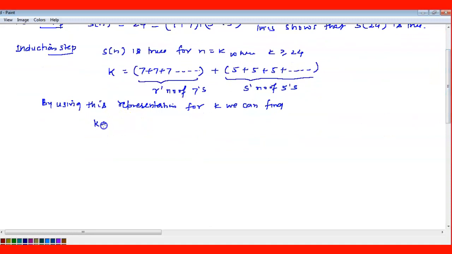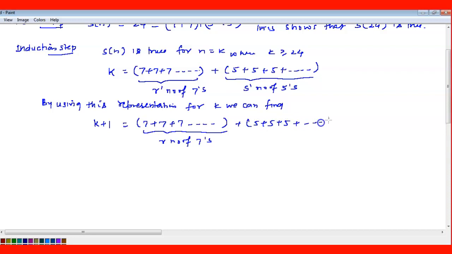For k plus 1, what are we doing? We are adding 1 extra term, right? So whatever 7s were there, 7 plus 7 plus 7, r number of 7s, plus 5 plus 5 plus 5 and so on, s number of 5s, and plus 1 extra, because we added 1 on both sides for the next term.